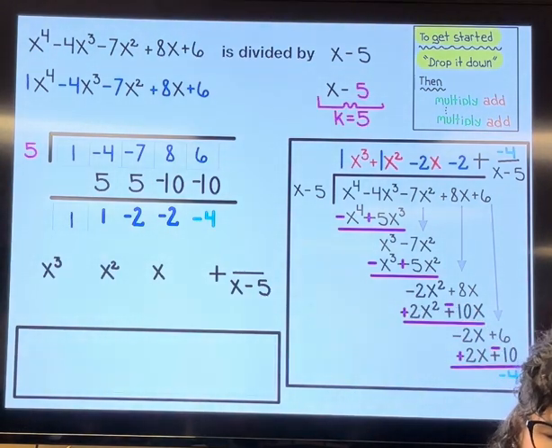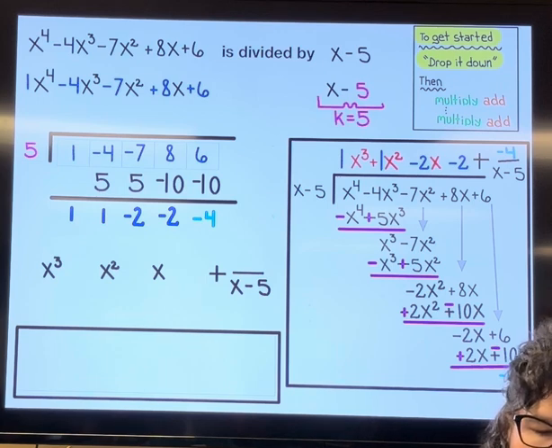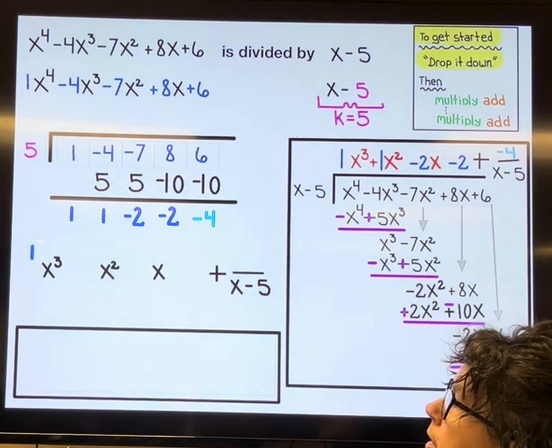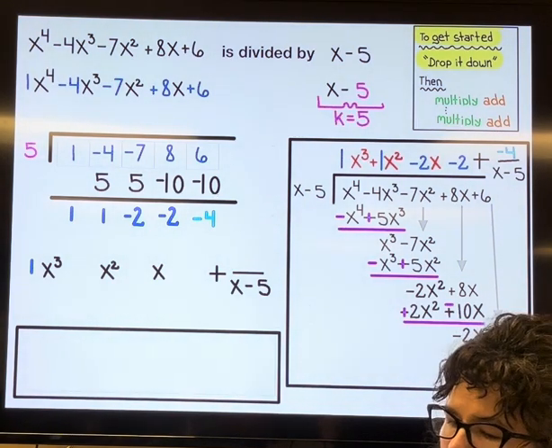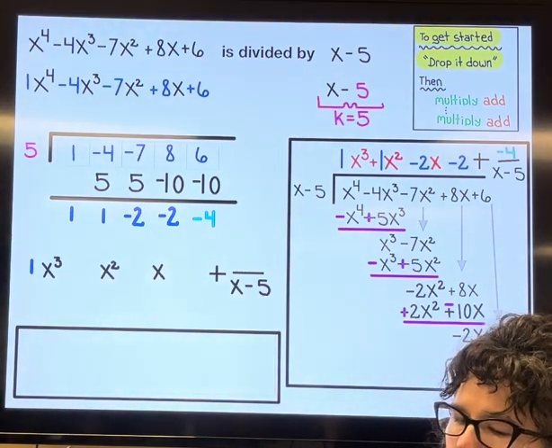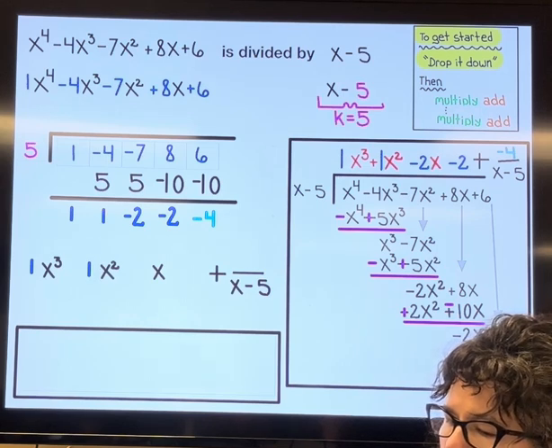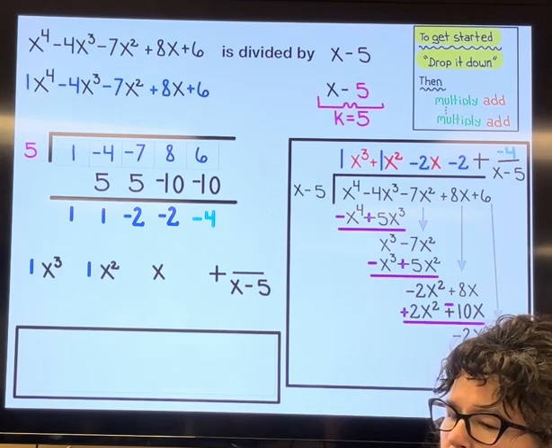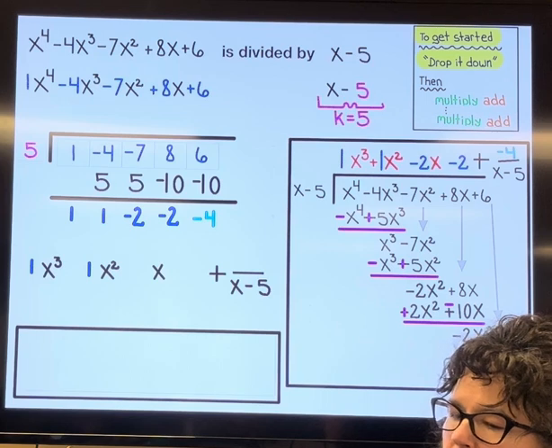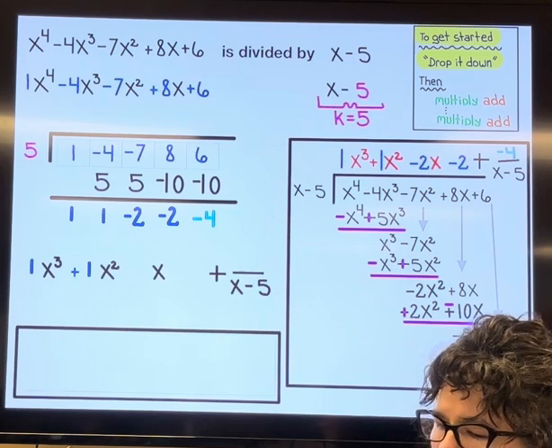Okay, so then these numbers that we just found are the coefficients on the answers. So this one goes with this guy. This one goes with this one. And then I probably need to grab just a plus there.